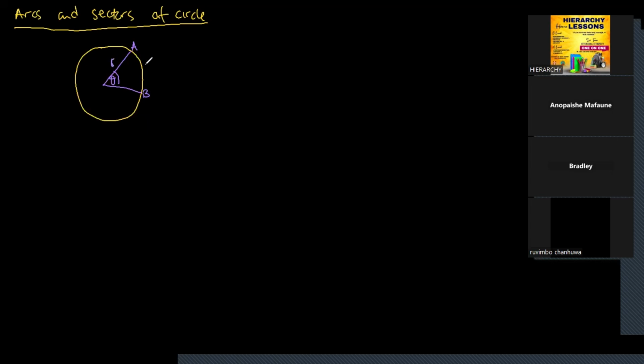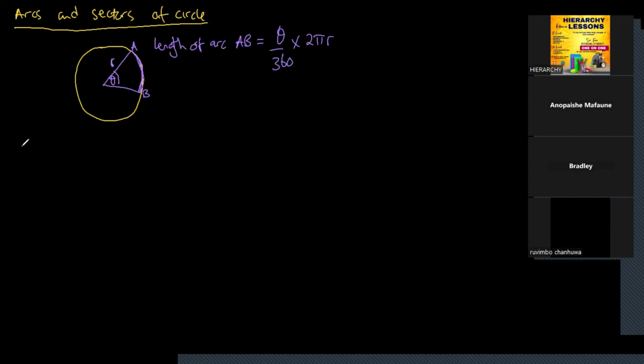If you want to find the length of this arc here that I'm marking in purple, it's called arc AB. So the length of arc AB is given by theta over 360 times 2 pi r. That's the formula that gives us the length of this arc AB.